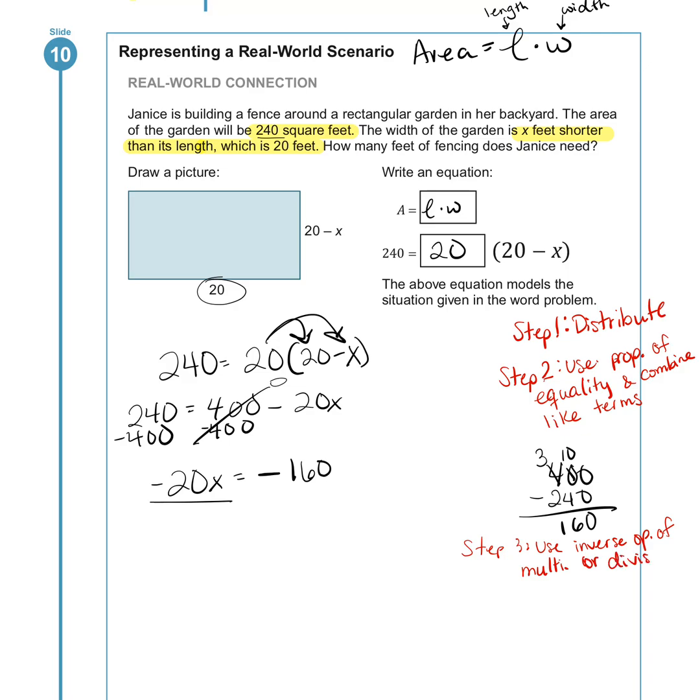It depends on what we need here. So I'm going to divide both sides by 20. Remember that negative 20 needs to come along with it. So that's going to be x equals negative, and a negative is going to be a positive.